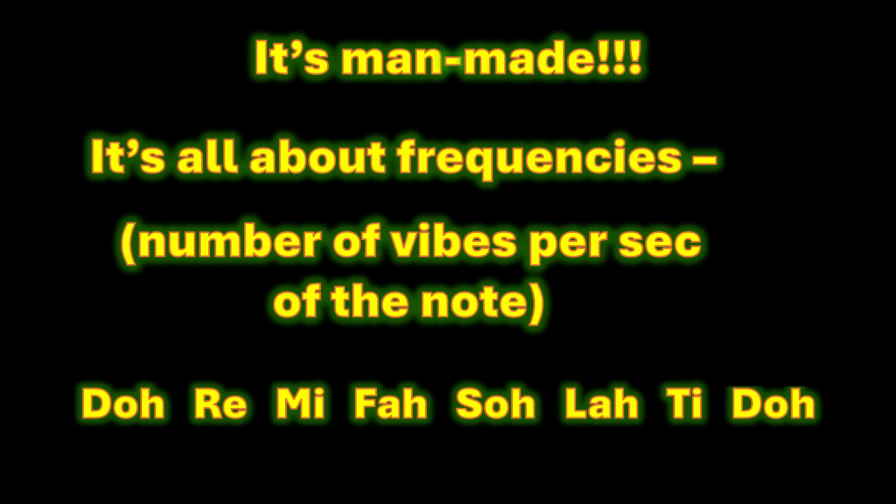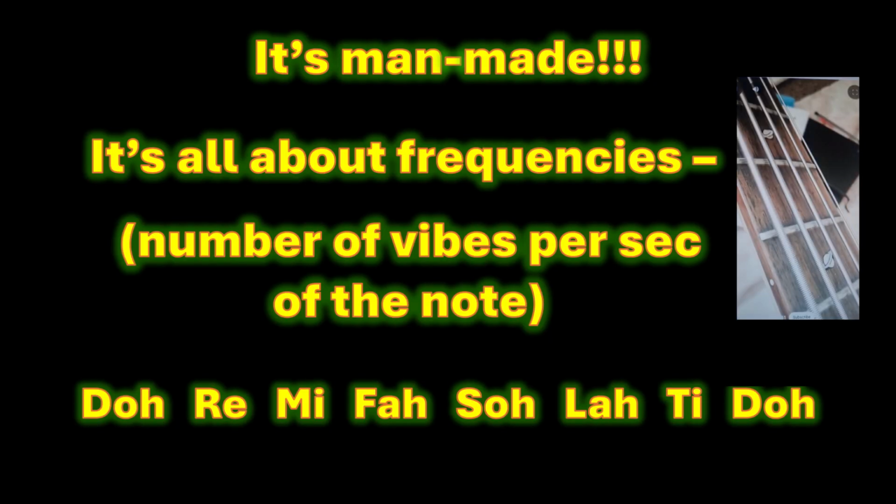And just so as you can understand better where this is all going, I'll tell you now that the do, re, mi, fa, sol, la, ti, do scale is man-made. The gaps between those notes are to do with the frequencies of those notes. We talked about frequencies last time. Do you remember when a string vibrates, it vibrates a certain number of times per second?